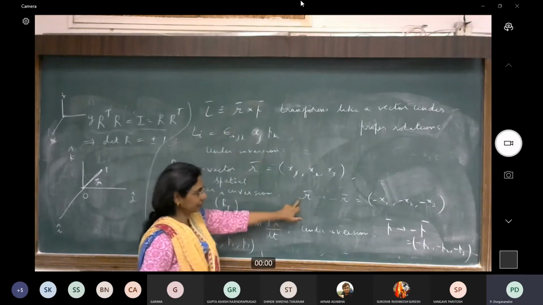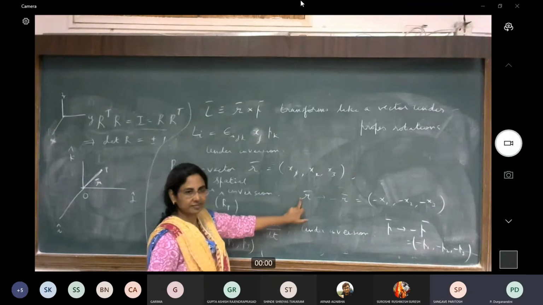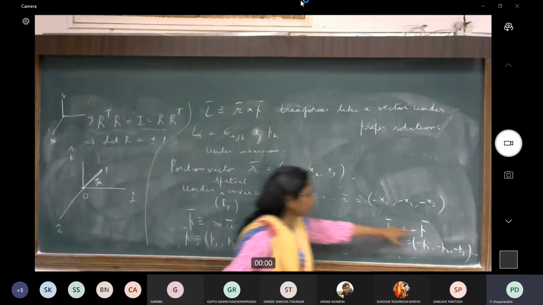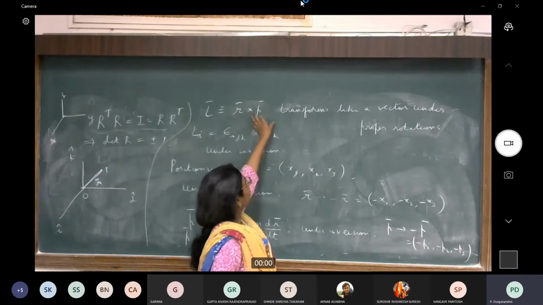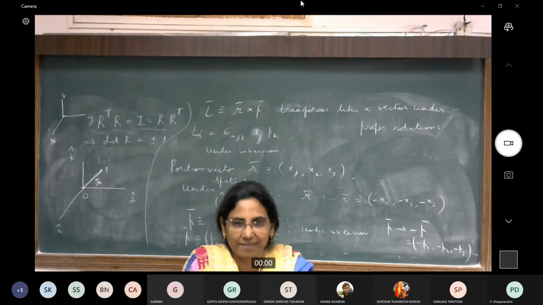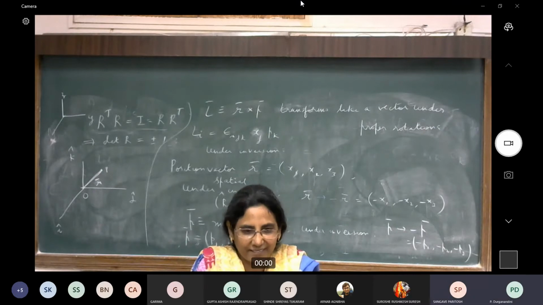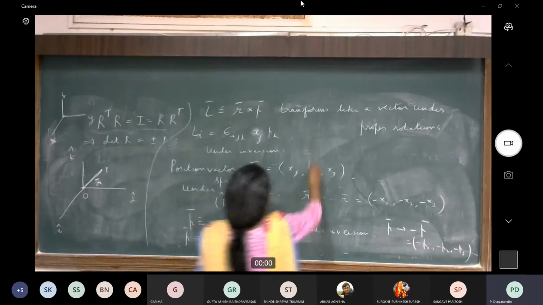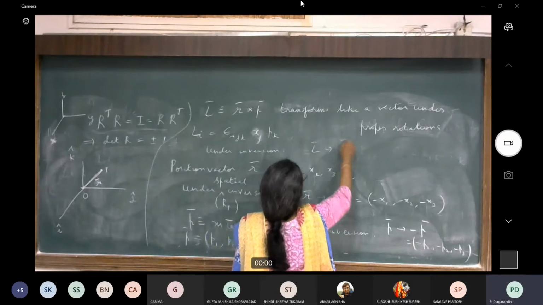What happened to R under inversion? Negative R. It went to minus R. P has also gone to minus P. So you will get minus R cross minus P. And what will that become equal to? Just L. So that means under inversion L simply goes to L. It doesn't change sign.